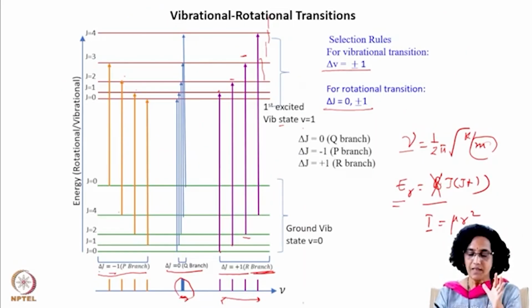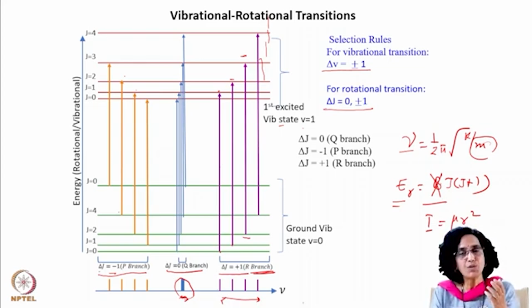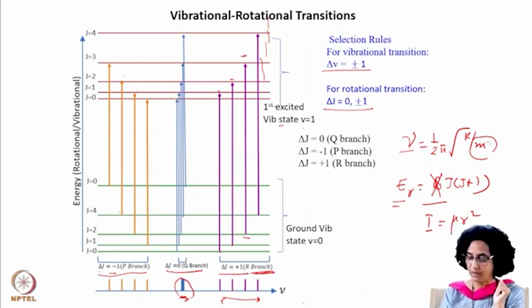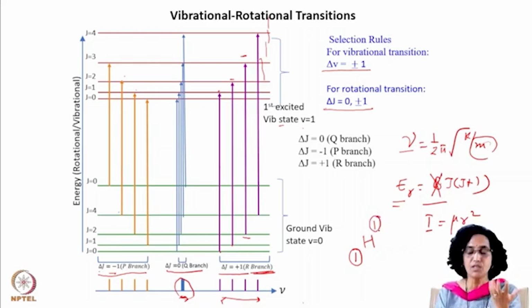Okay, I will just tell one more thing. Now, as I said, it is a fingerprint, right? You must know what isotopes are. Isotopes are elements with the same atomic number but different mass number. For example, if you think of hydrogen, we know hydrogen is 1, 1. This is the atomic number, and this is the mass number, in the sense that hydrogen has only one proton in its nucleus.